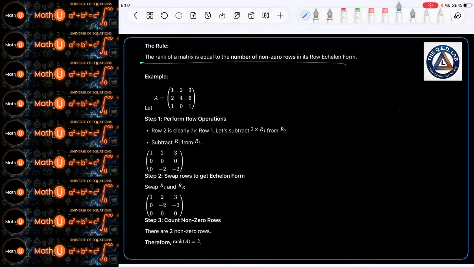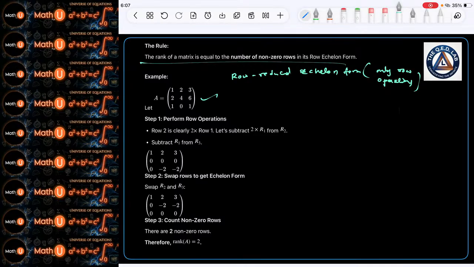For example, if you consider one example like this, you need to apply row operations. If you are applying the row reduced echelon form method, you should apply only row operations. Only row operations are allowed. We do not use column operations.